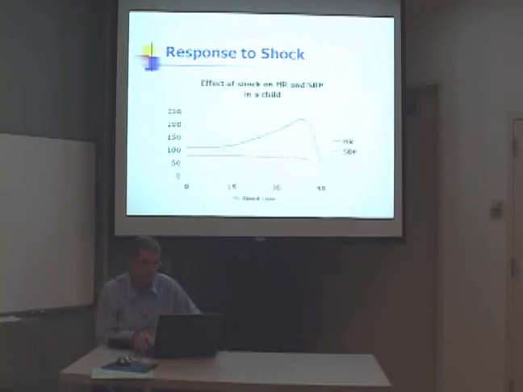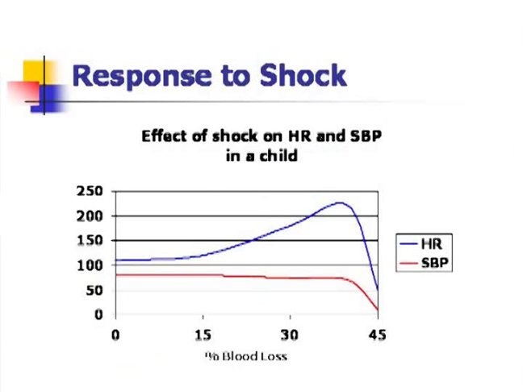So this is not data from a real patient, but it's what I would consider a prototypic 10-year-old response to shock. And if you see, there are 2 axes here. There's blood loss, so that's percent blood loss on the horizontal axis, and then on the vertical axis is systolic blood pressure and heart rate.